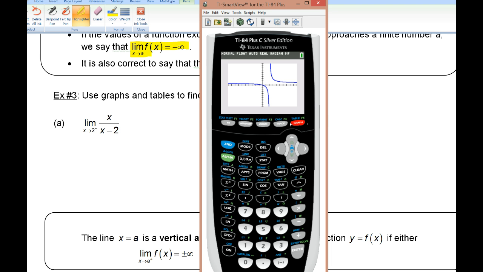Good? Okay, so we're looking at x approaches 2 from the left. What's happening to the graph? It's approaching negative infinity. Right, it's approaching negative infinity.